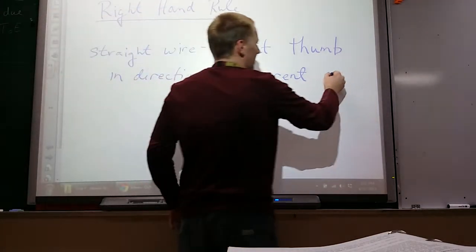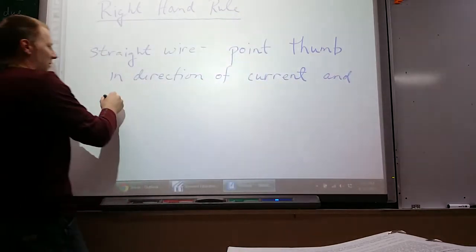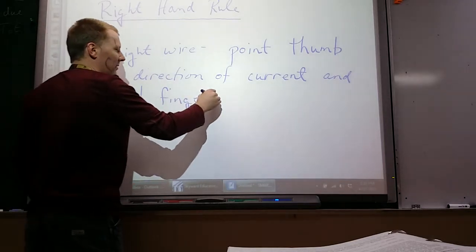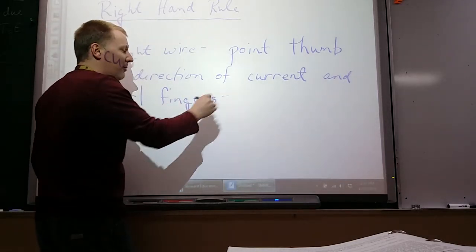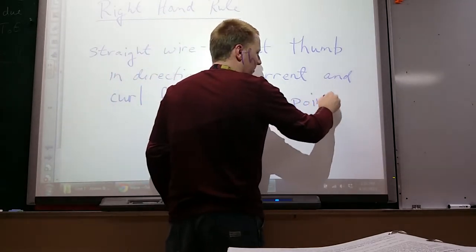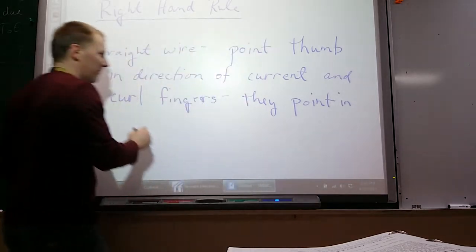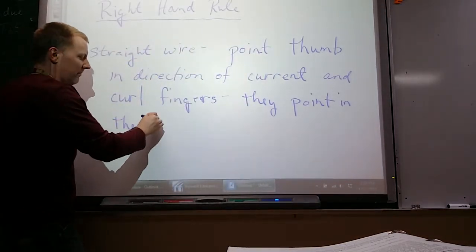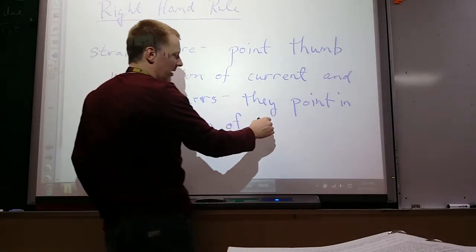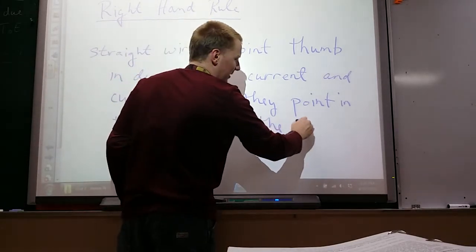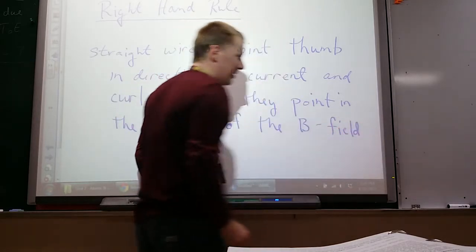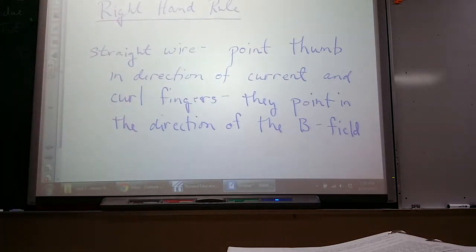Your fingers point in the direction of the magnetic field. We abbreviate magnetic field as a B field. B is the letter, and we'll see that later today too, that we use to describe a magnetic field.